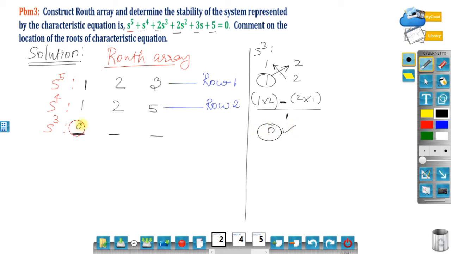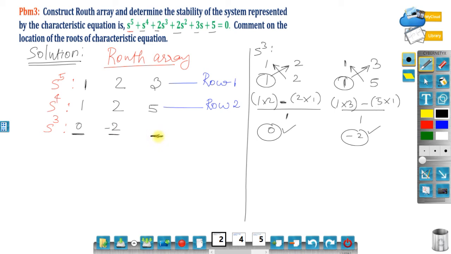Then I take the first column and the third column: 1 into 3 minus 5 into 1, divided by 1. The answer is 3 minus 5, which is minus 2. This is the s power 1 position, and the next is the s power minus 1 position.